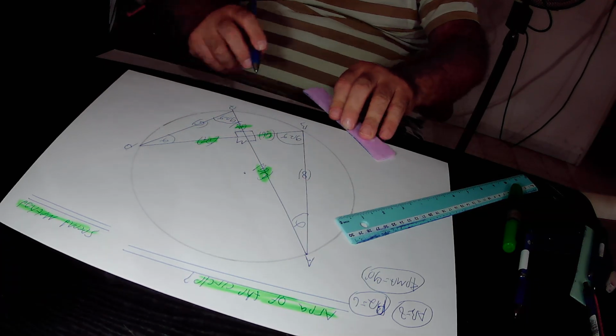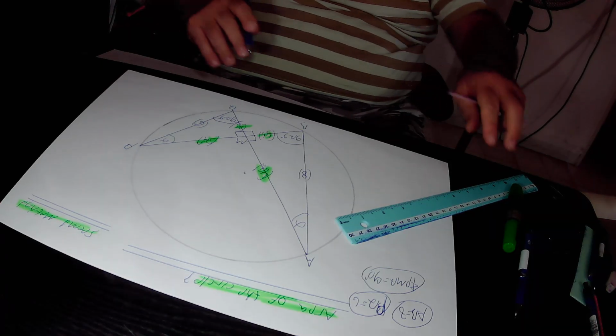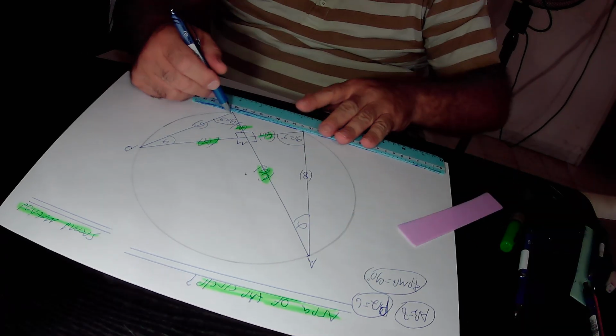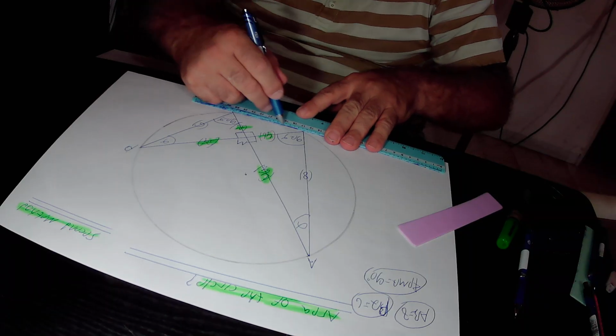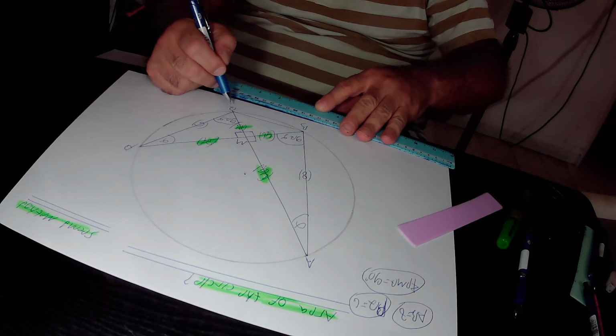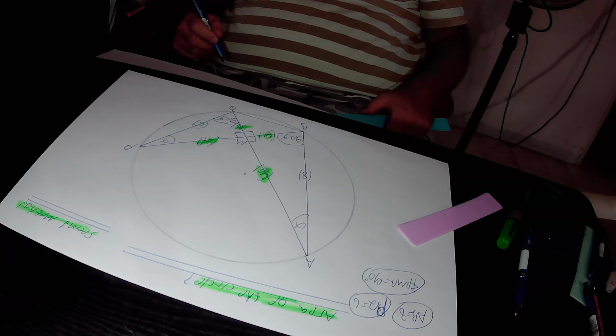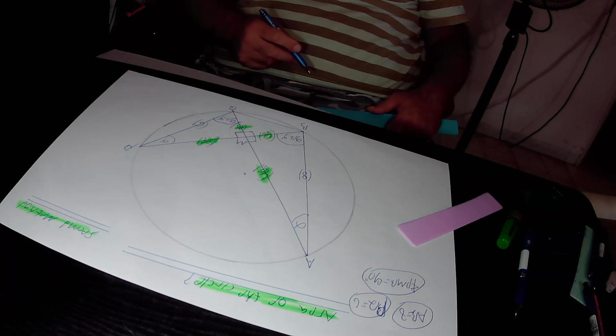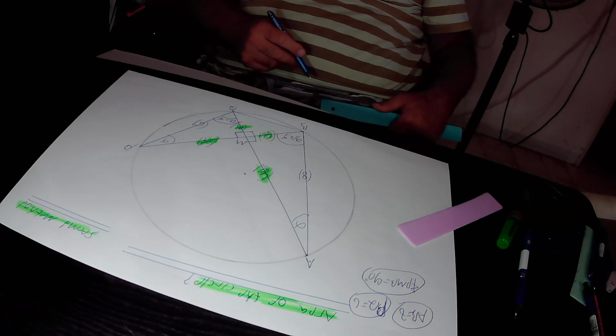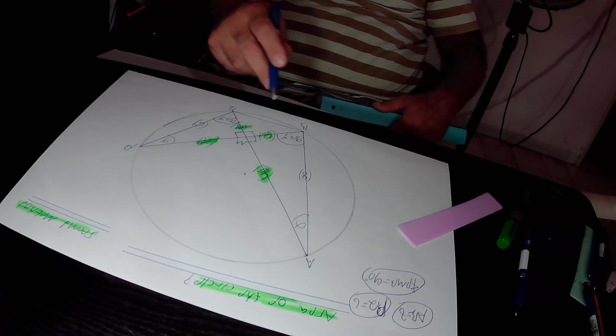In the next step, we join points B and Q together by a straight line. By joining points B and Q, we get the right triangle, triangle MBQ. So let me draw the right triangle MBQ on a new page, and implement the Pythagoras theorem on this right triangle MBQ.